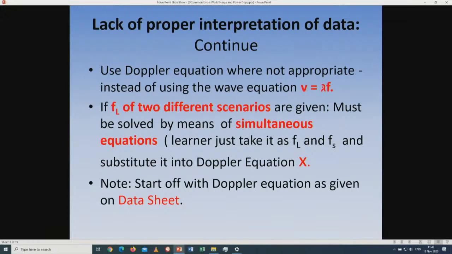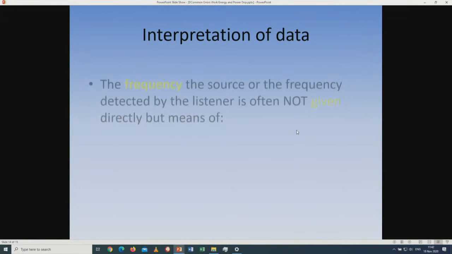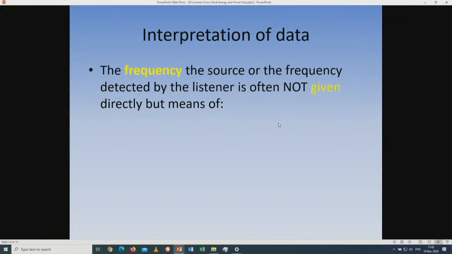So always start off with the Doppler equation as given on the data sheet, and then you can start deciding if it is V minus Vs or V plus Vs in your equation. Start off with the initial equation.